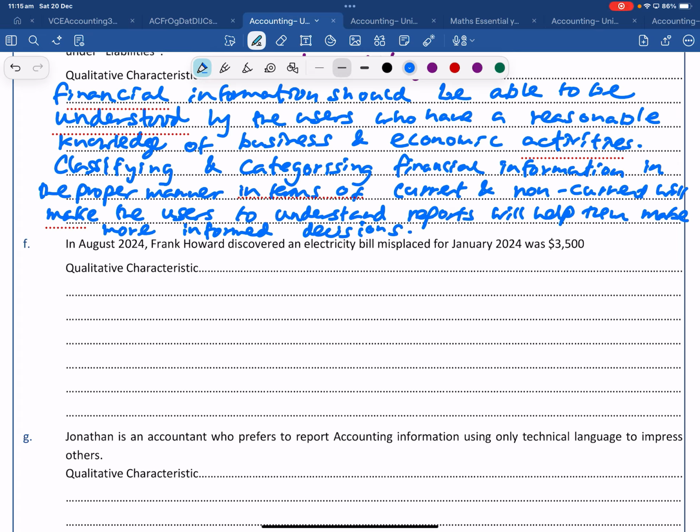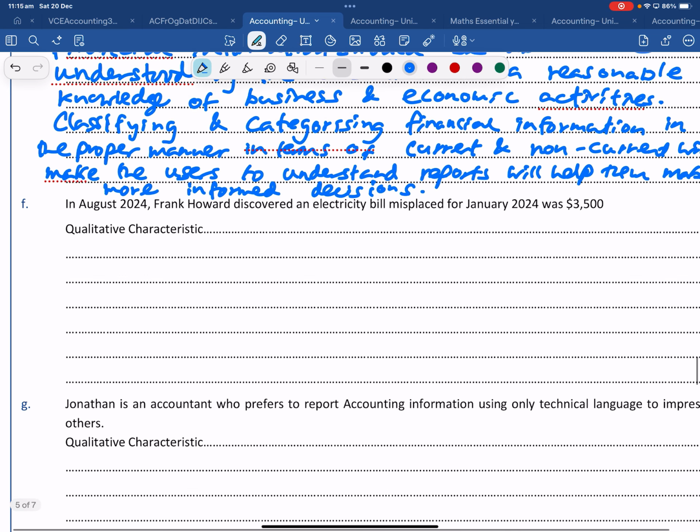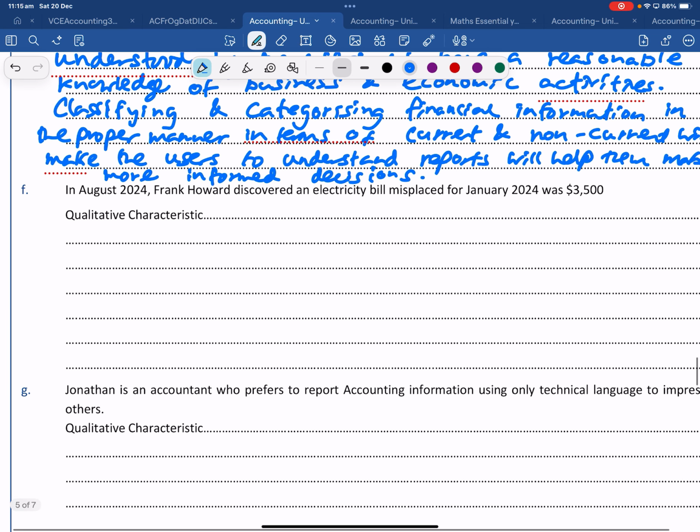If he had found it out before, if the electricity bill was too high, then he would have made a decision earlier about how to save electricity or something, but in this case, too late. Okay guys, this one, timeliness.